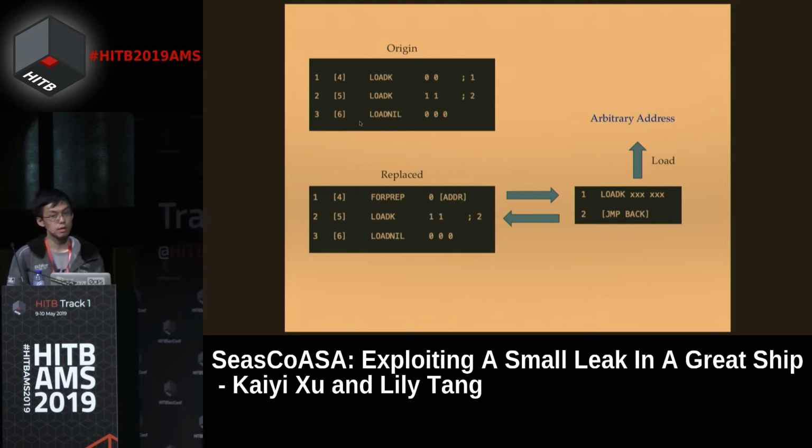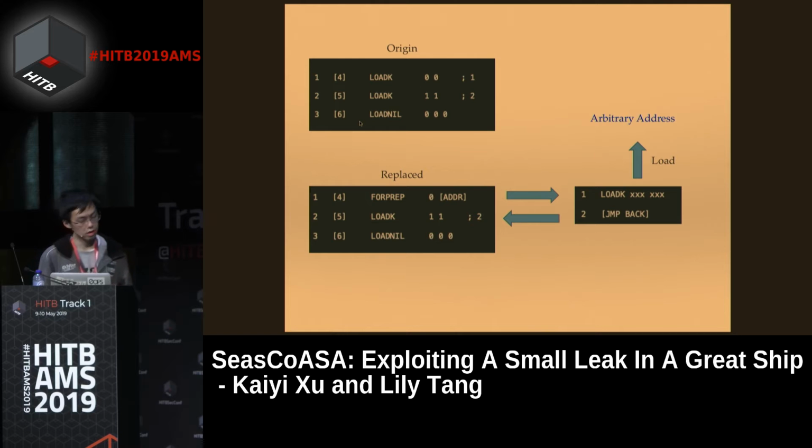We can read an arbitrary address like this. This is our constructed function, and we replace the first opcode of LOADK with the vulnerable opcode FORPREP. Because FORPREP can jump to an arbitrary opcode, it can jump to our untrusted bytecode.